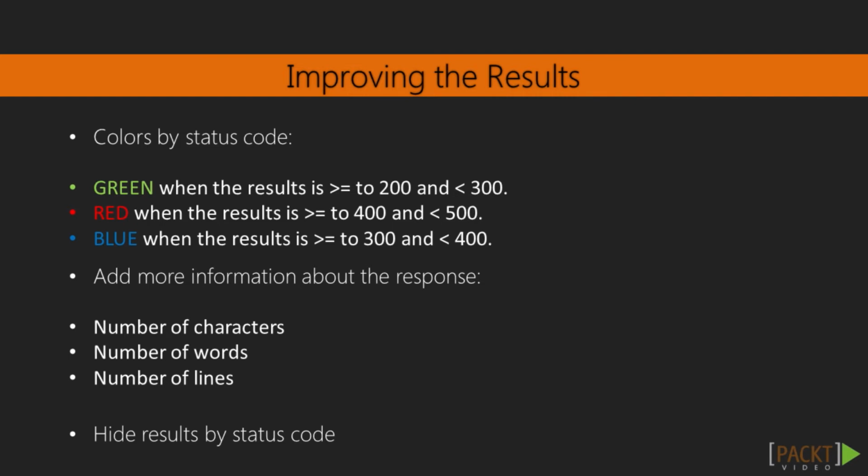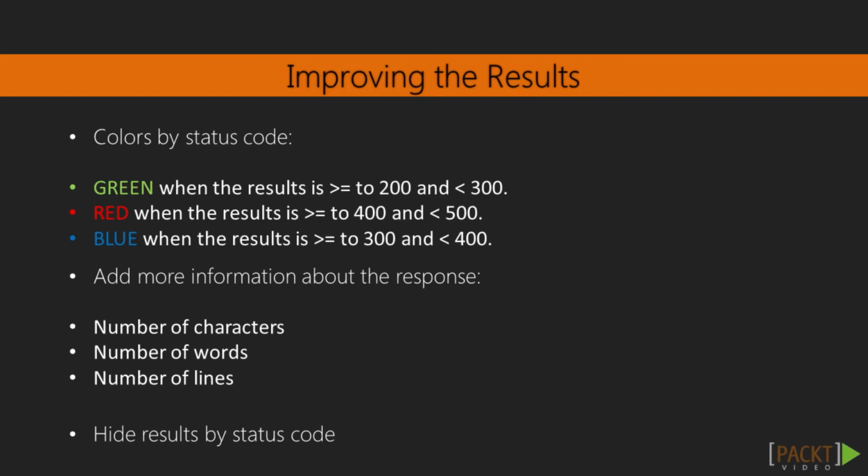In red, the results with status codes greater or equal to 400 and lower than 500. And finally, in blue, the results with status code greater or equal to 300 and lower than 400. This will help us to quickly identify results.